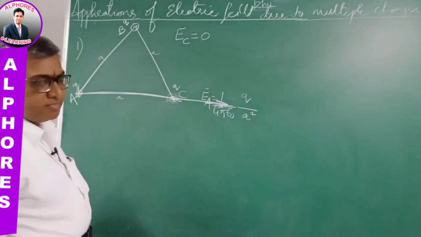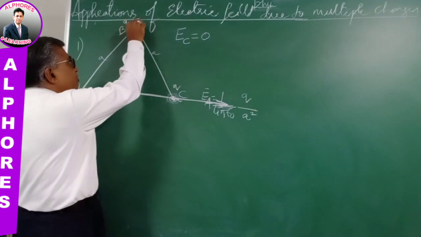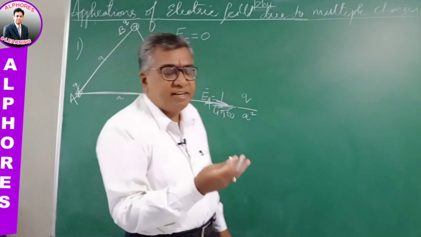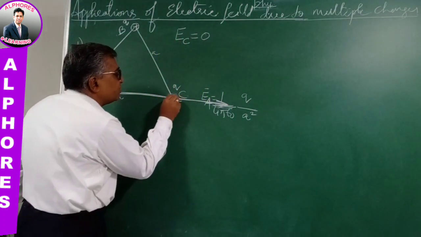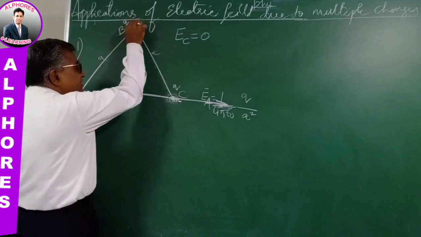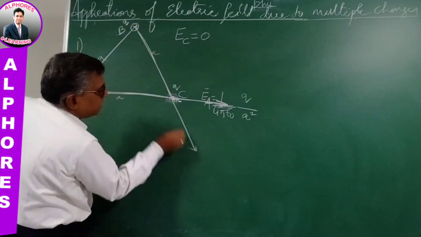First one done. Forget A, come to B. The electric field due to the charge at B at this point. Again, the electric field is the force experienced by a unit positive test charge. If I imagine a unit positive test charge here, a 1 coulomb charge, then this is a positive charge and this is a positive test charge, so the test charge is repelled.